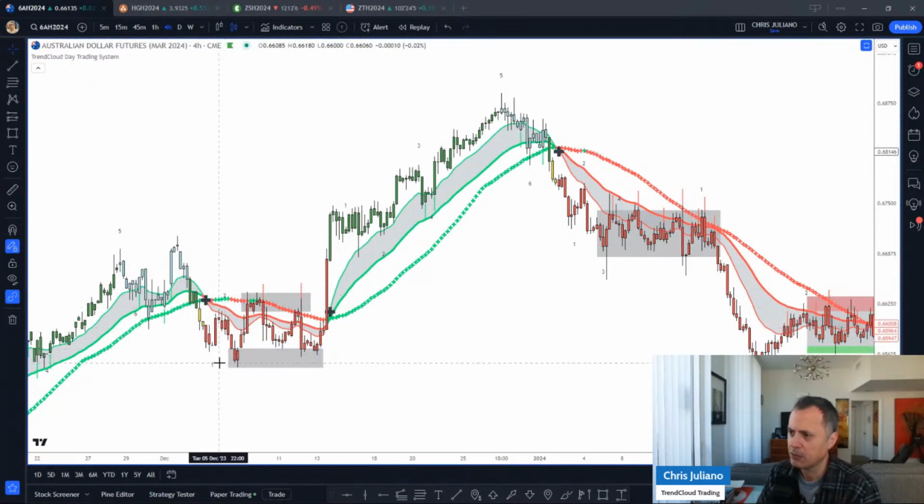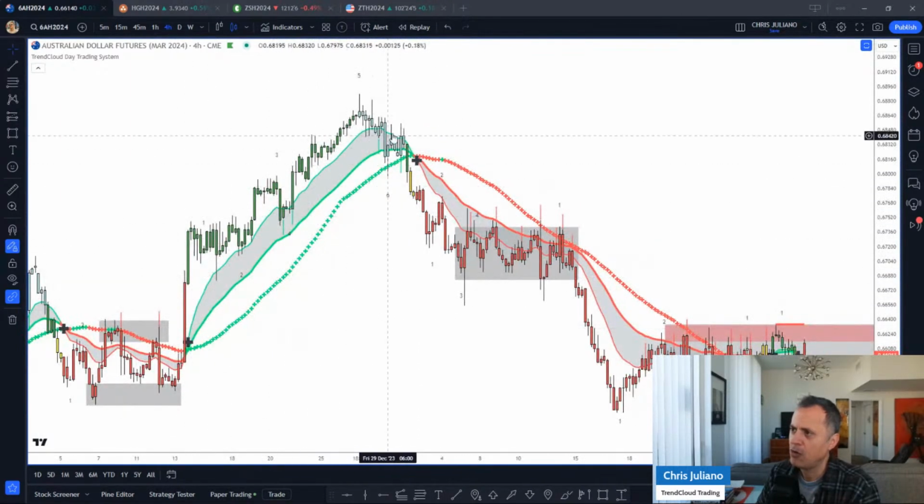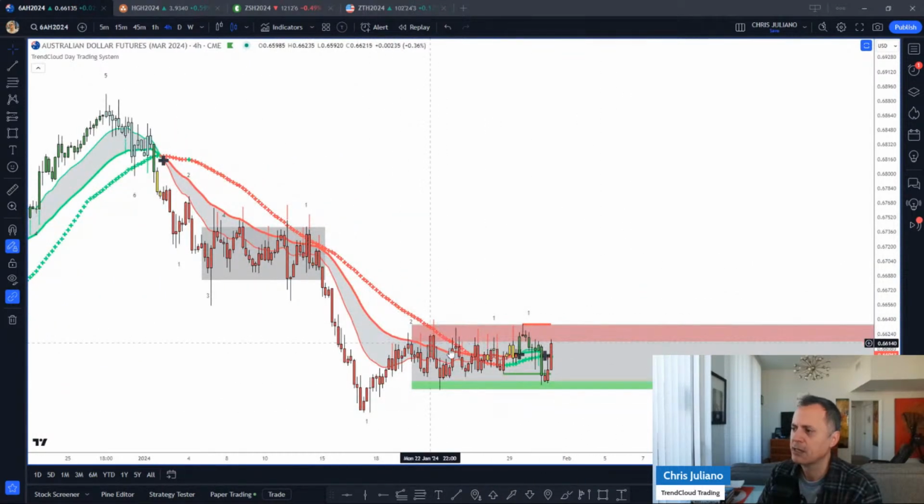Consolidation, extreme low to extreme high, back down to extreme low, break. Now we have a nice trend. Correction into the trend cloud, impulse up, all the way to an extended trend and complete trend reversal. Consolidation, breakout of consolidation, continues down, consolidation.